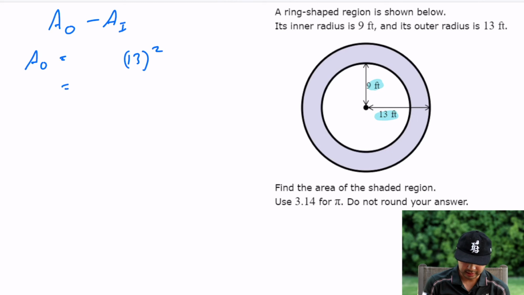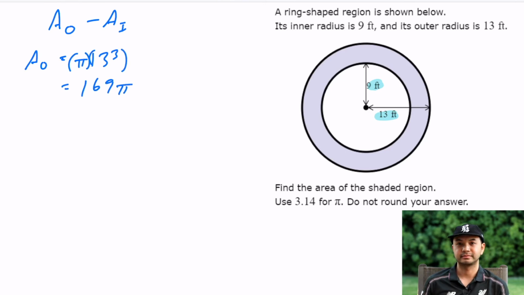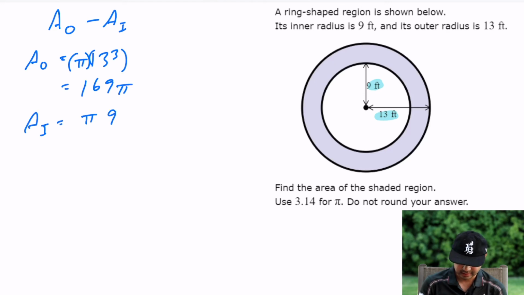So I'm just going to leave this as pi times 13 squared. That's 169 pi. I'm not even going to multiply that out. All right, so area of the inner circle is pi times 9 squared. 9 squared is 81. 81 pi.